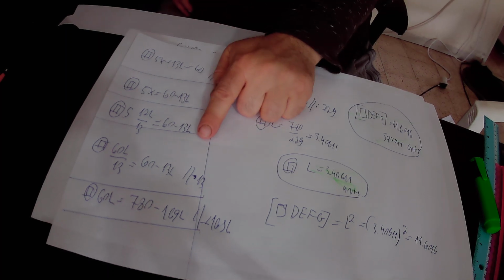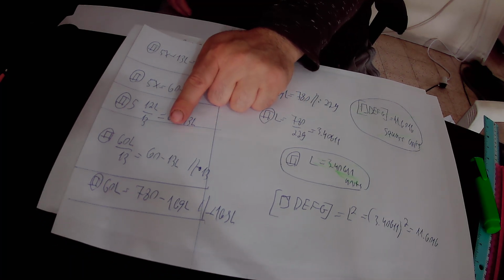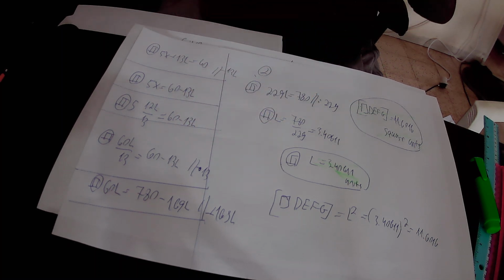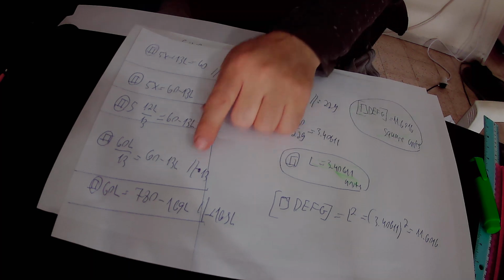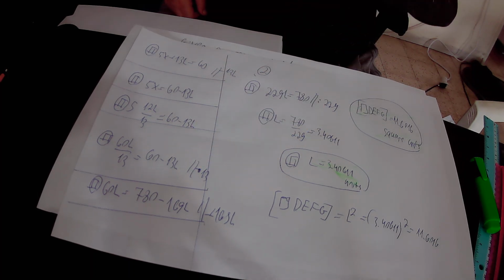Here we multiply this equation by 13 and finally found out that 60L equals 13 times 60, which is 780, and minus 13 times 13L is minus 169L. In conclusion, we found out that 60L equals 780 minus 169L.